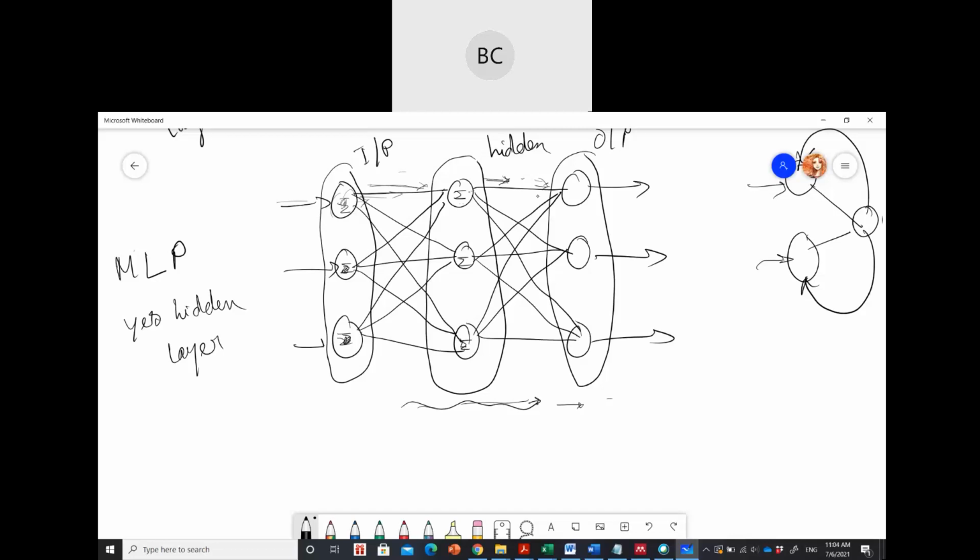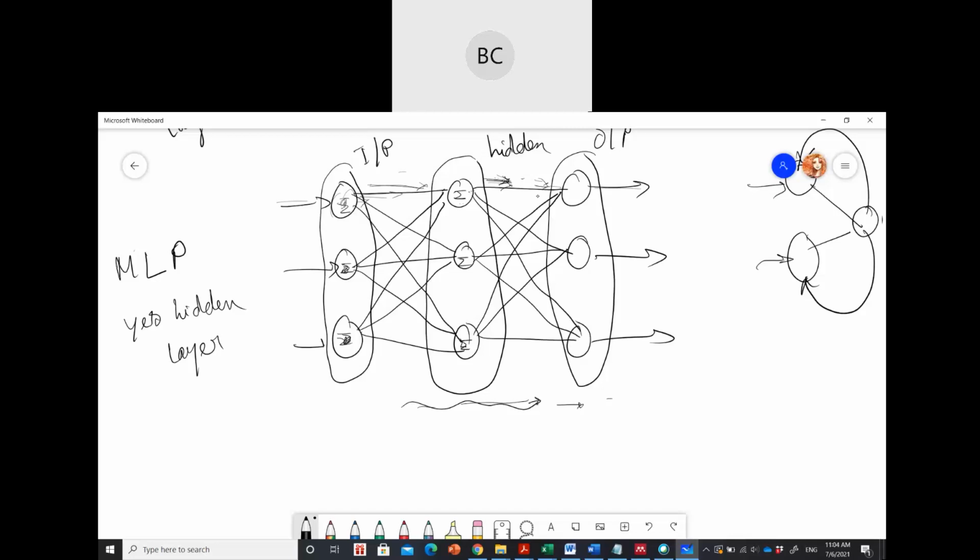Maybe you have 10 neurons, and maybe only 5 of them are firing. That means only 5 neurons are important to decide the class. The rest of the 5 are not firing because they did not pass the threshold level. So based on the output of the hidden layer, it will give it to the output layer, which will just give you the class.